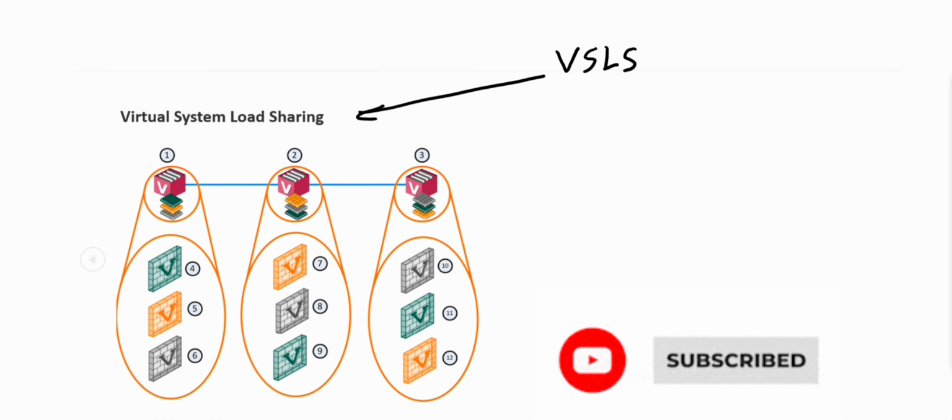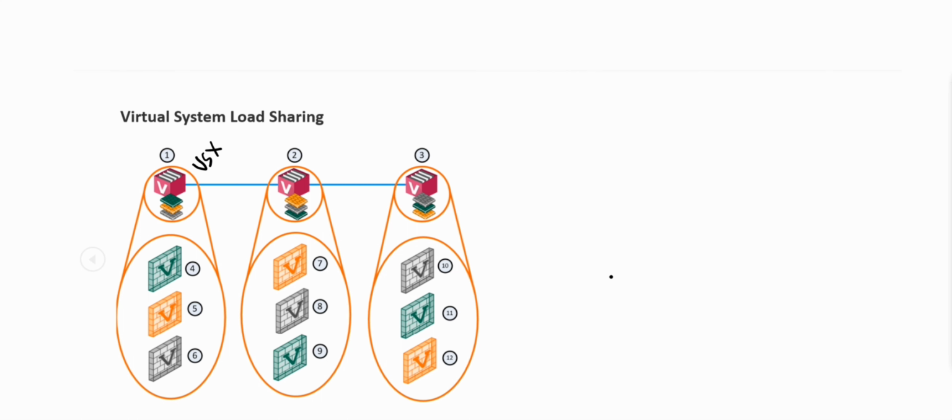Consider we have VSX gateway 1, VSX gateway 2 and VSX gateway 3, and we have virtual systems.